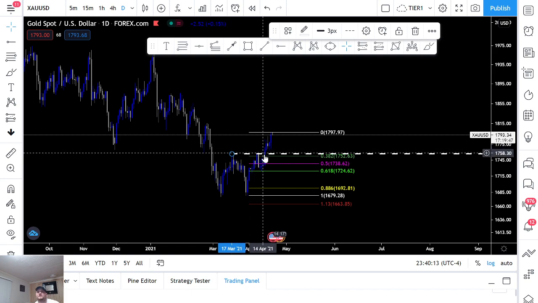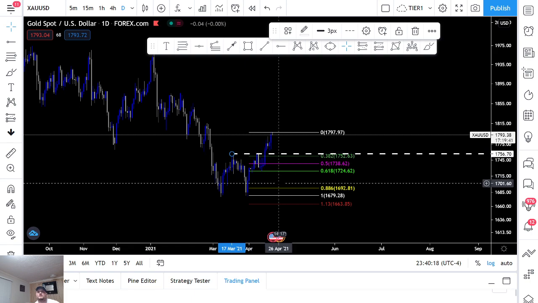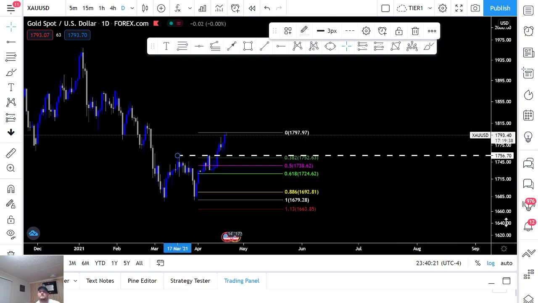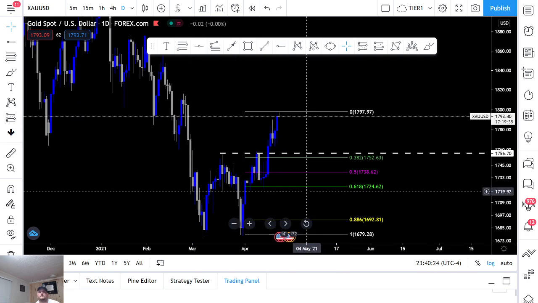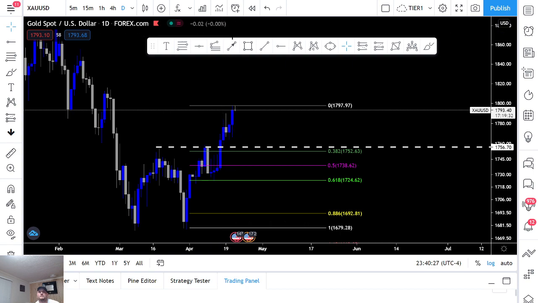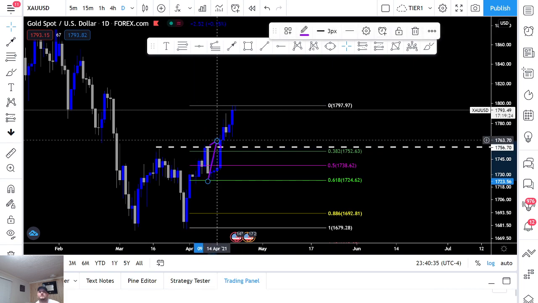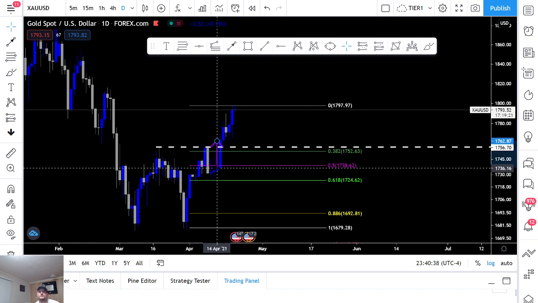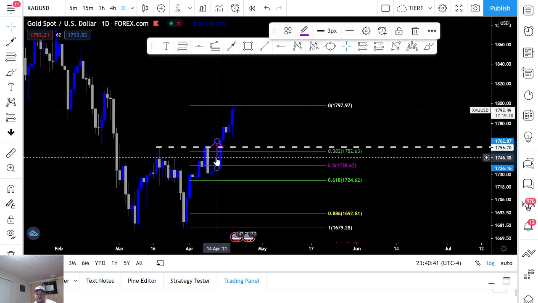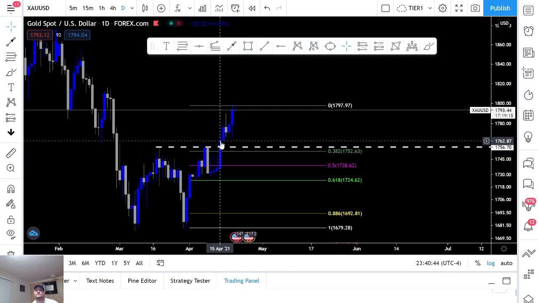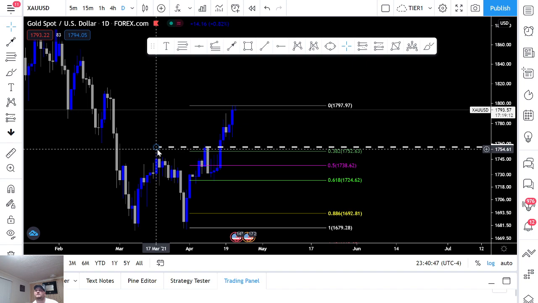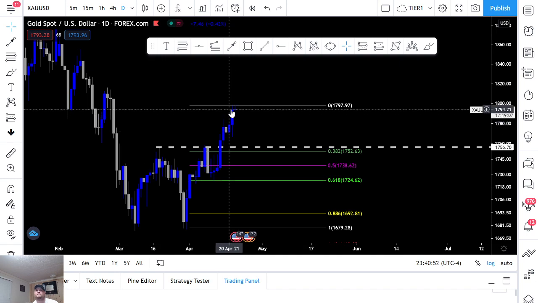If it closes above, pow, this candle closes above the 1750 right here. Swing candle. So I told my papa, we need to close above 1755. Boom.